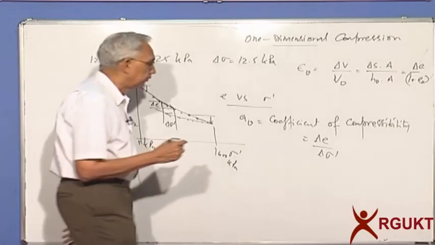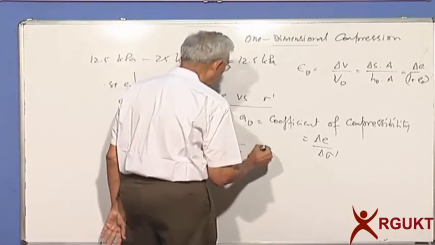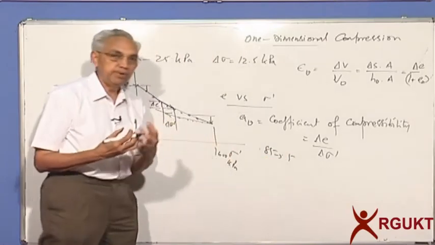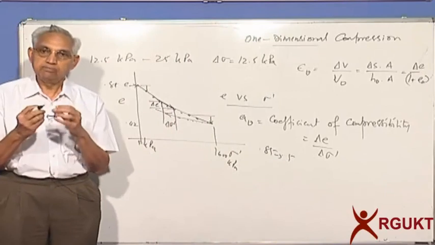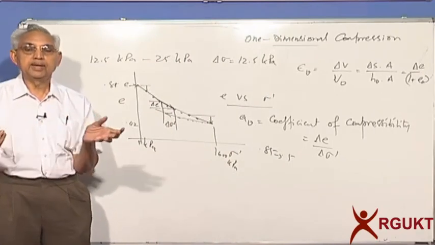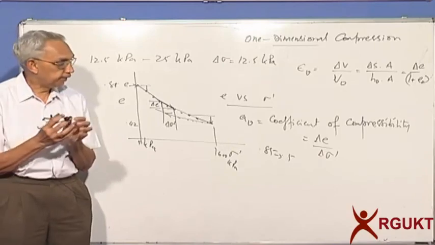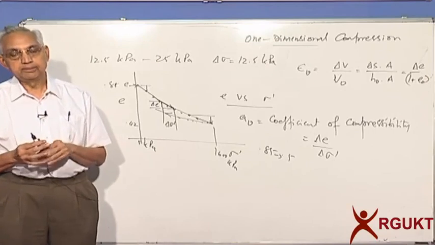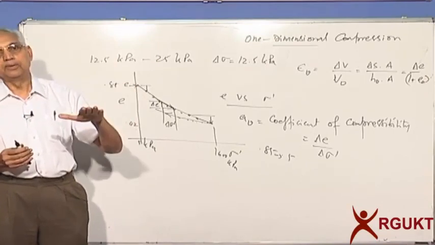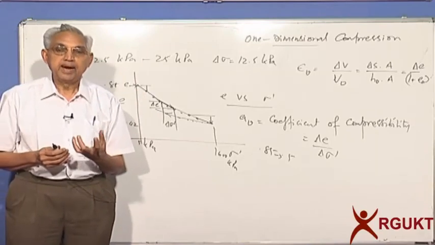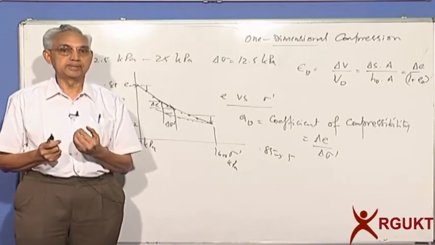So, let us say from 0.85, it has come to 0.5. Obviously, when you have a void ratio of 0.5, there is a relatively smaller amount of voids, which will not allow the particles to get any closer. So, what is happening is, in case of soils, as you increase the load, the soil becomes denser and denser, and the deformation becomes smaller and smaller.